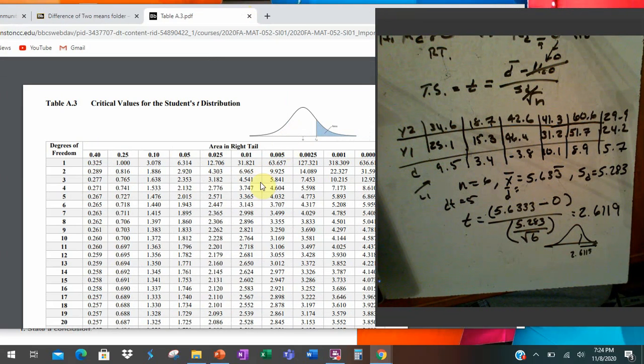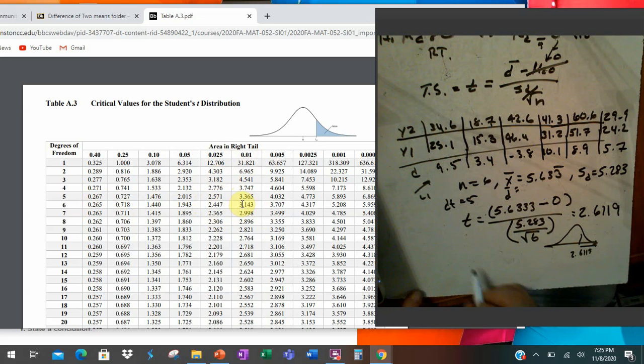Okay, so I'm going to find 2.6119 in here. It's between here and here, and I'm going to go up here at my 6, and I need to go over between the two to find my 2.6119. So here's the area between here and here.